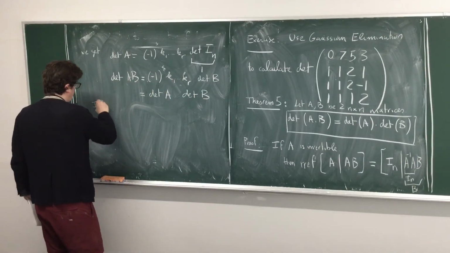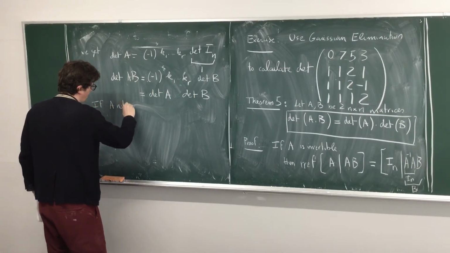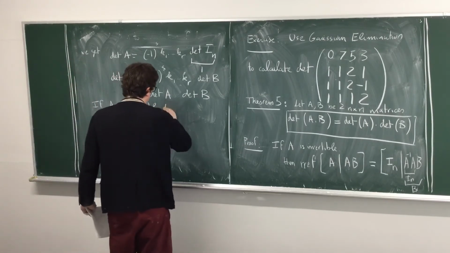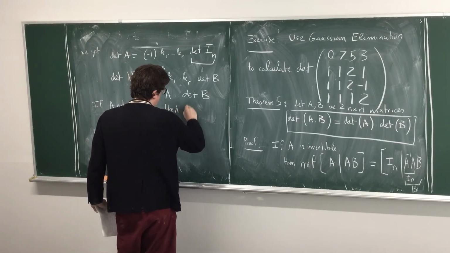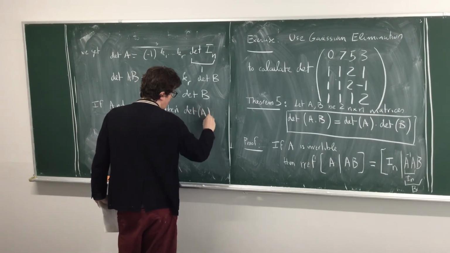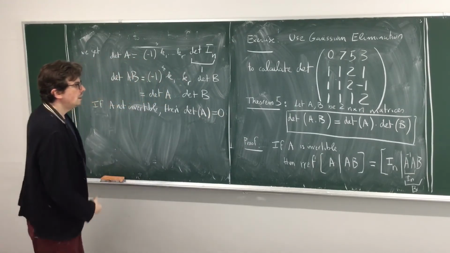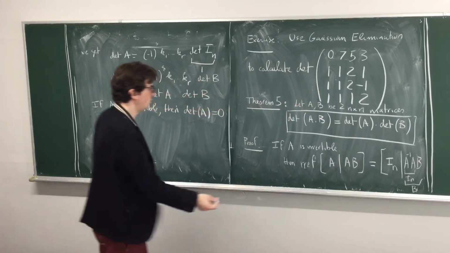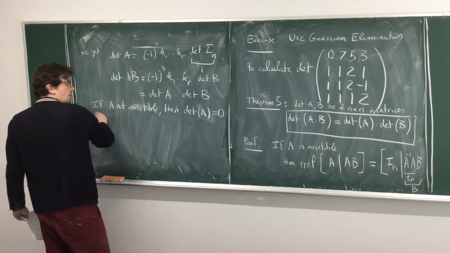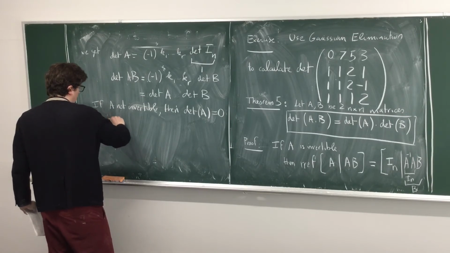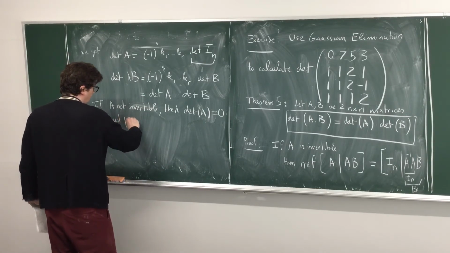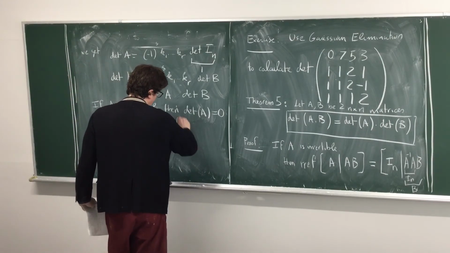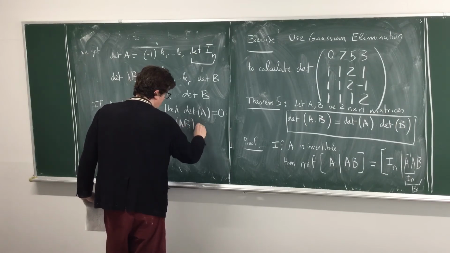Now, if A is not invertible, then we know that the determinant of A in this case is 0, isn't it? Which means that on the right-hand side, we will get 0. We must prove that the determinant of AB is 0.